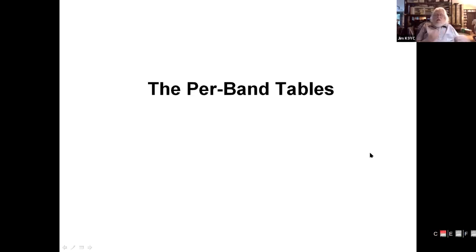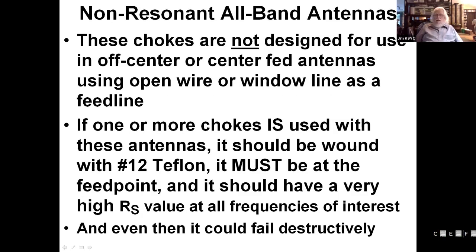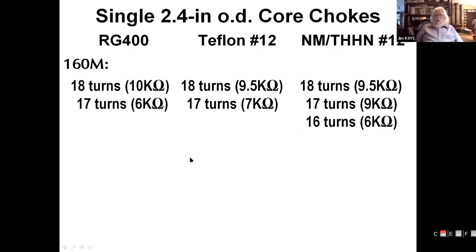Okay, so now let's get to the cookbook. These are the tables that I did to make it easy to design your chokes. This is an example of one of the per band tables. So for 160 meters, you see the good choices for each of those 3 transmission line types.